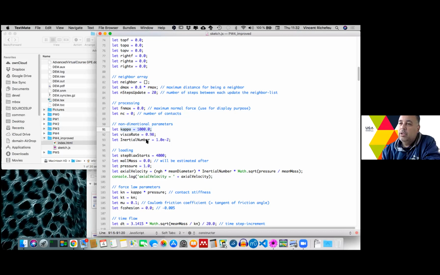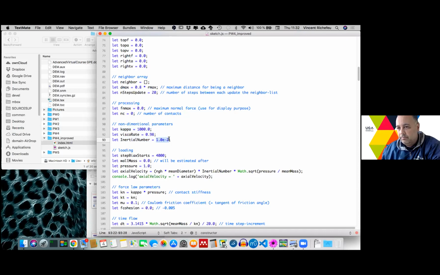So actually, in this simulation, I will perform 4,000 steps with hydrostatic compression. So pressure on top, pressure on side. Okay. Then the pressure will be maintained on the side, but on the top, I will apply a velocity. Instead of defining a velocity, I prefer to define an inertial number, which is that one.